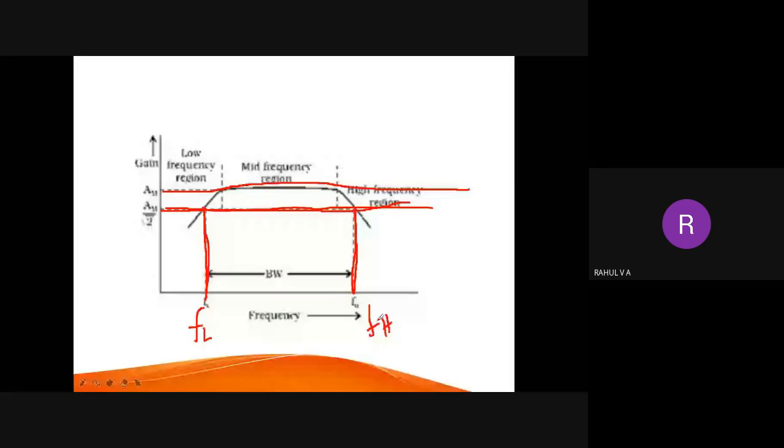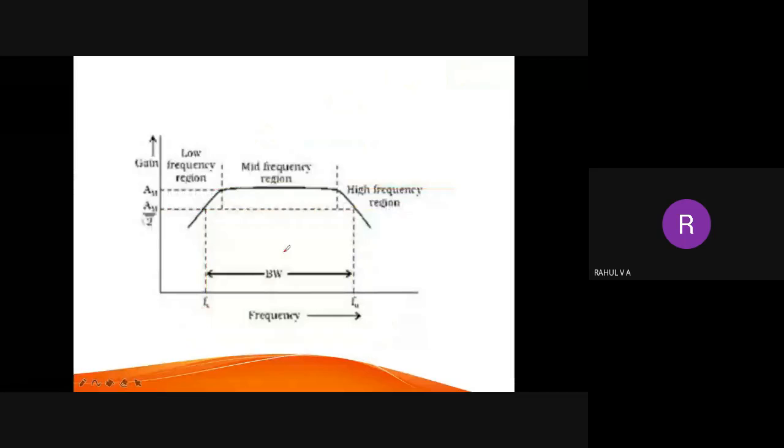On an average, we have to operate within this region in order to make this amplifier work properly. The difference between FH and FL is known as the bandwidth of the amplifier.